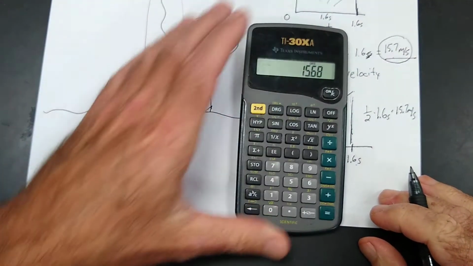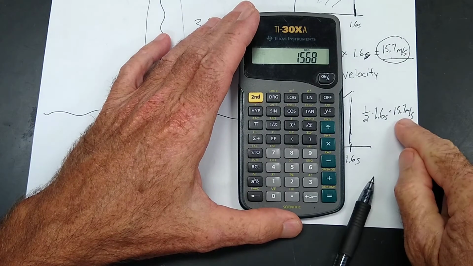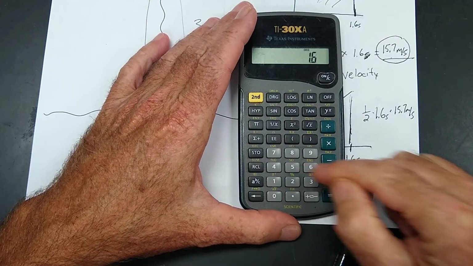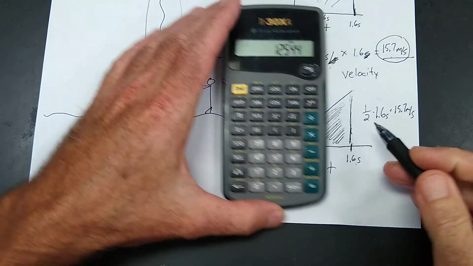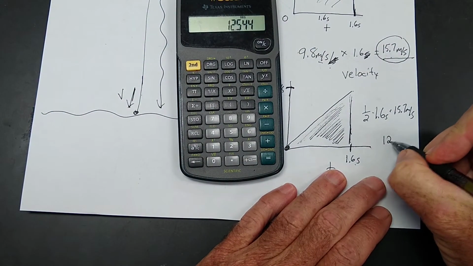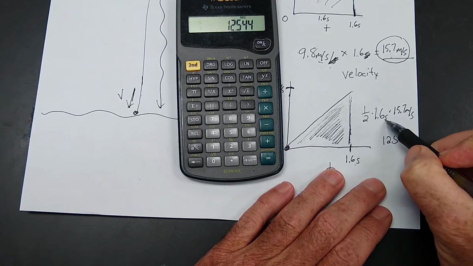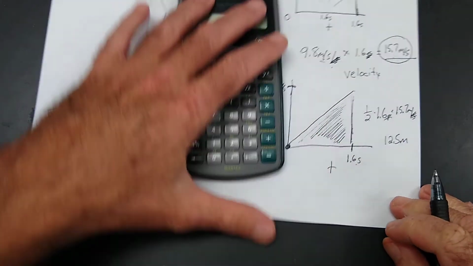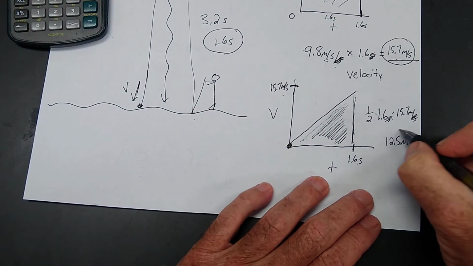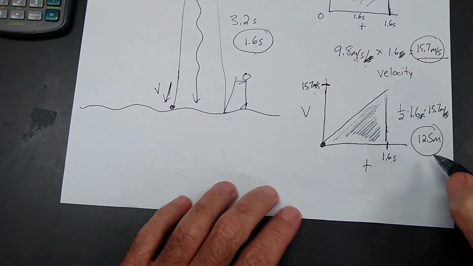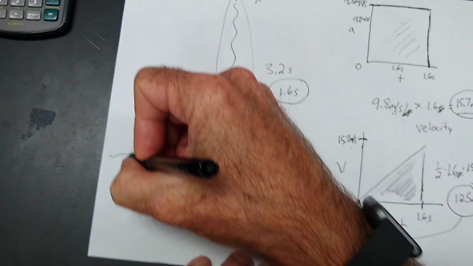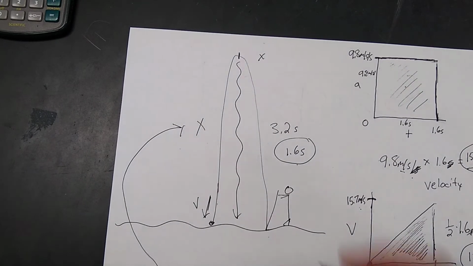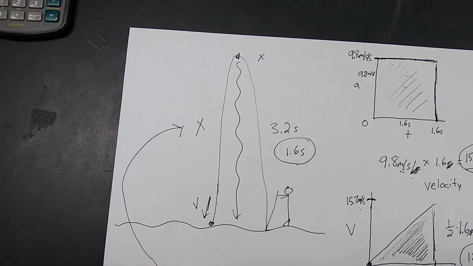Let's do this. 15.7 times 0.5 times 1.6 equals 12.5. 12.5 what? Seconds, and the seconds cancel out. 12.5 meters. Mr. Perkins, what is this 12.5 meters? That 12.5 meters would actually be the height, the total height from which the tennis ball fell.